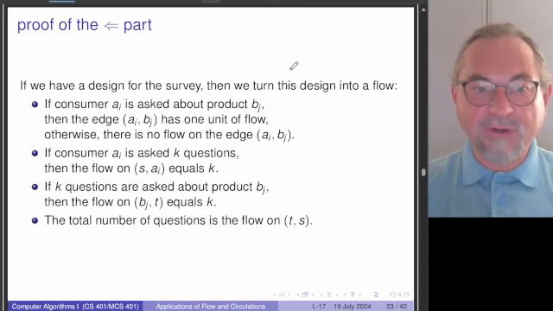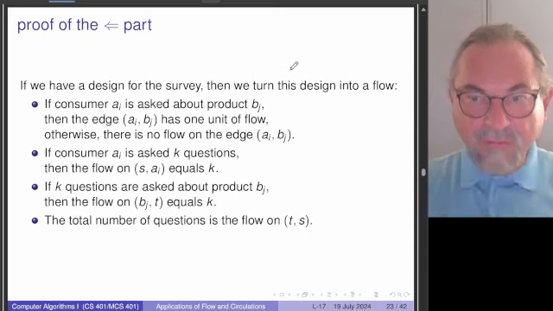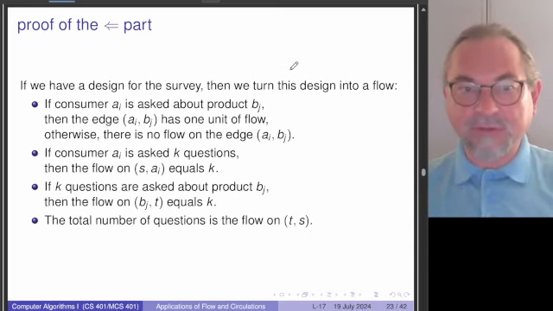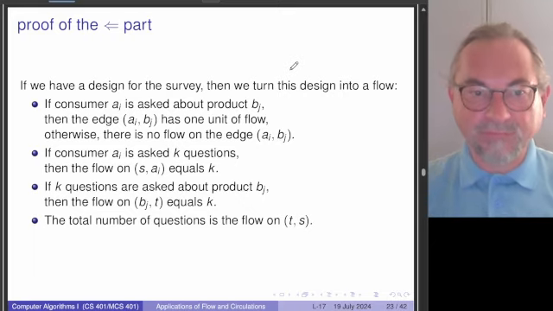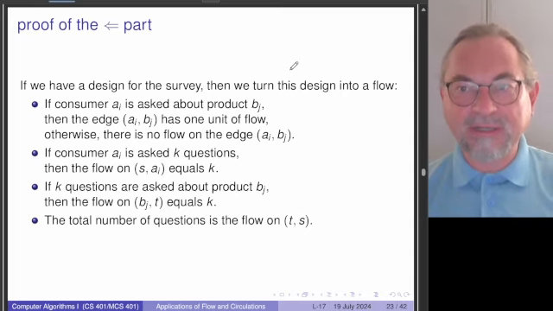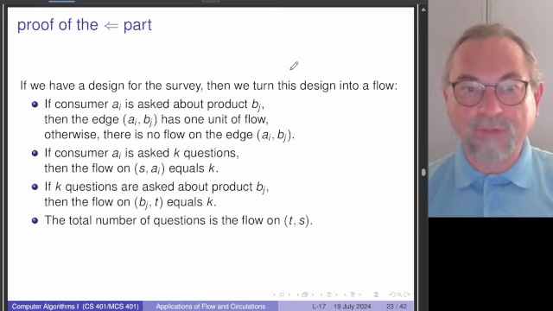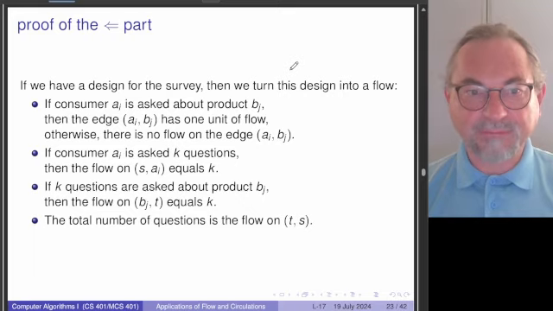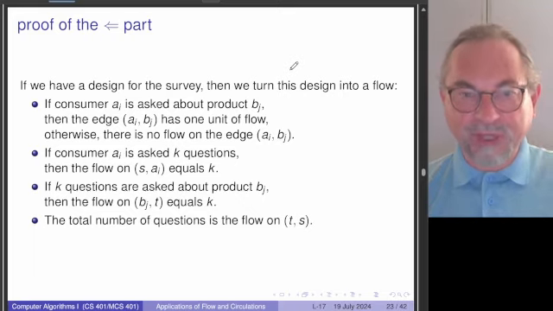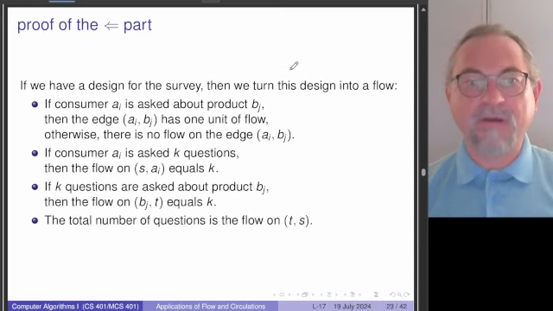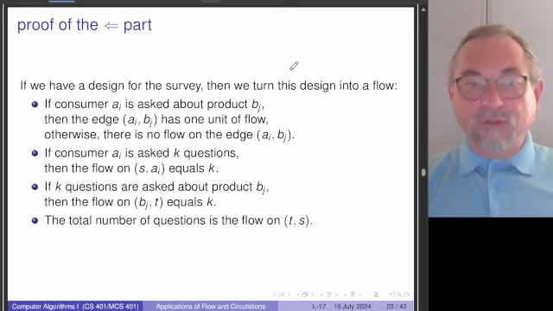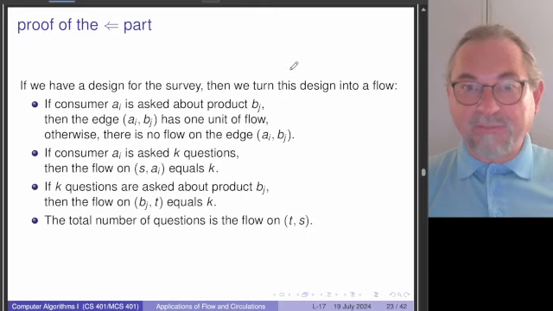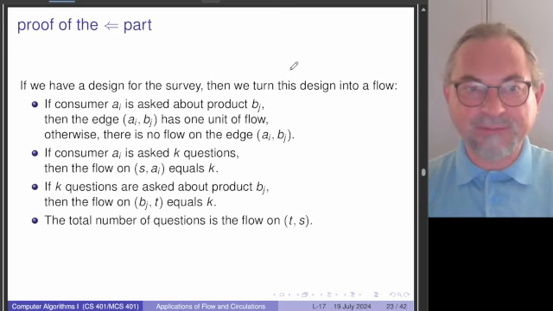And the same for the number of replies of the customers that go about the product. So what flows into the sink represents the total number of questions. And coming from the product, that's the number of replies that the product receives. So the total number of questions will be the flow going from sink to source in this circulation.